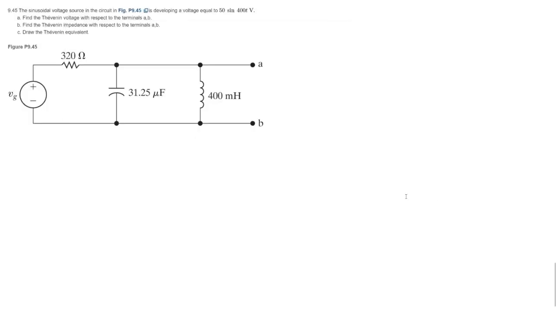So this problem, we're returning to the Norton and Thevenin equivalence. Now, this one isn't actually too bad, because it's basically a voltage divider. You could say it's an impedance divider if you want, but we want to find the V Thevenin, or V open circuit voltage here. We're given our VG.